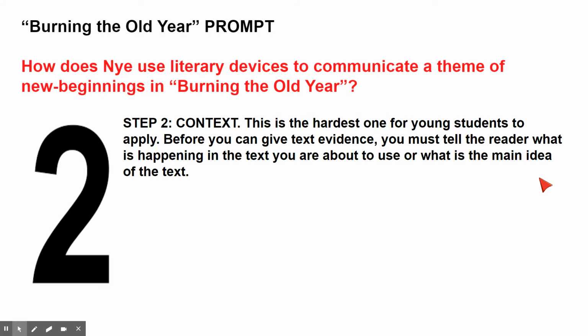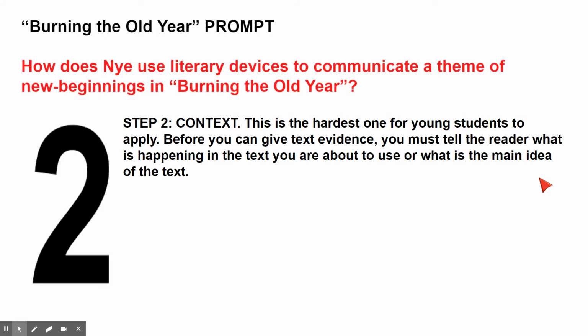And I'd say about 85% of our team still needs to work on context. And that's fine because it's a challenging thing to master, especially for young writers. So context is what needs to happen before you give a speaker tag and before you give text evidence.